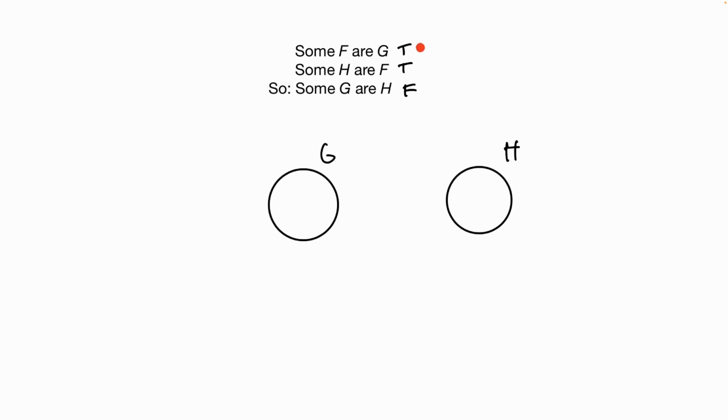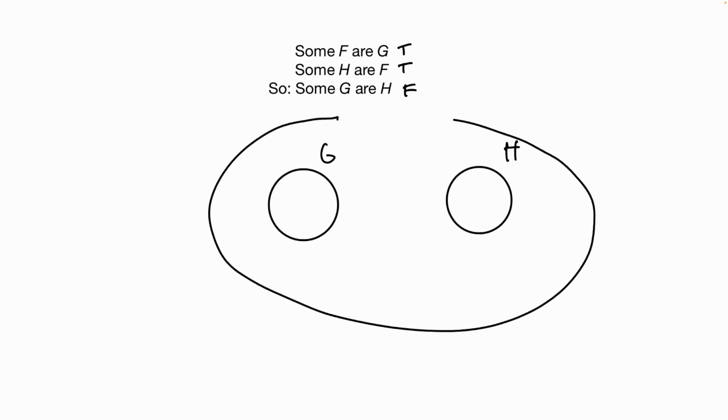Now, can I still make these things both true? Well, it occurs to me that one way I could do that is by having the category F, the things that are F, be some huge group that includes all the things that are G and all the things that are H, like this.